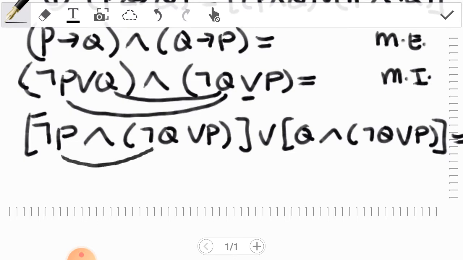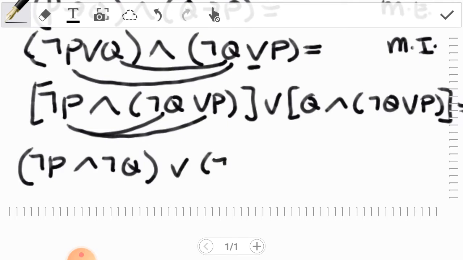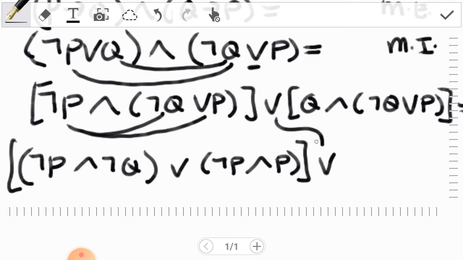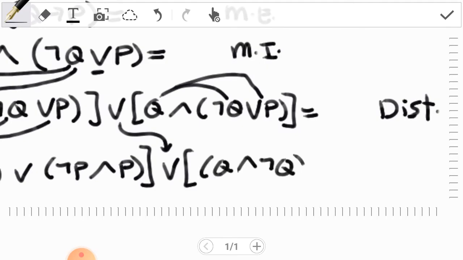And using the distributivity law again, so for this first expression, we get not P and not Q, which is one expression that we would like to have, or not P and P, okay, or we're now using that or there, distributing Q to each element there, we get Q and not Q, or Q and P.